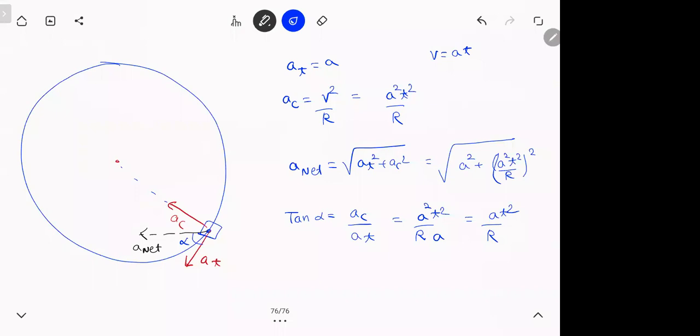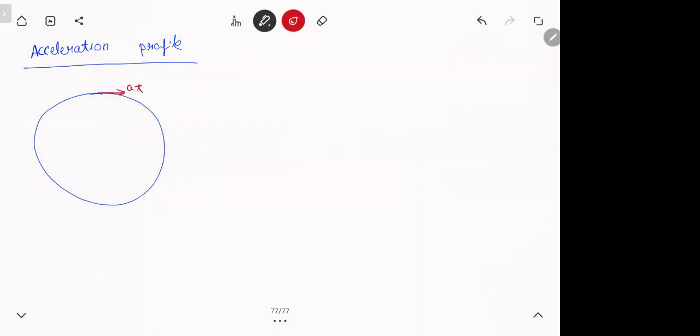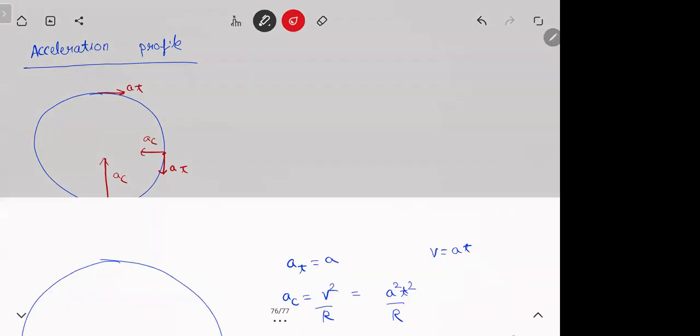Now, if you look at the acceleration profile of the system, this is what you'll observe. Initially for the particle, there was only A tangential, A centripetal was 0. When you're here, this was A tangential, this was A centripetal. Here A centripetal is becoming bigger. It is changing with time. More time, more A centripetal.